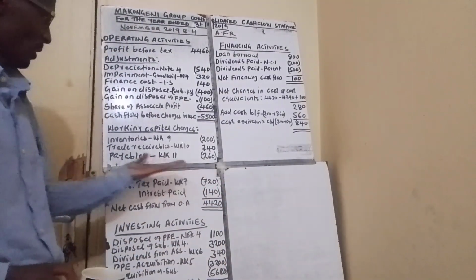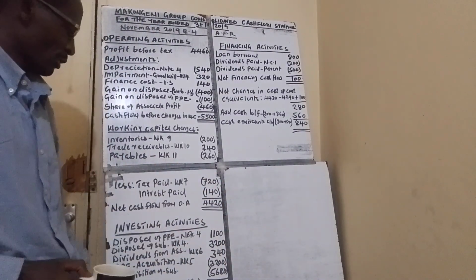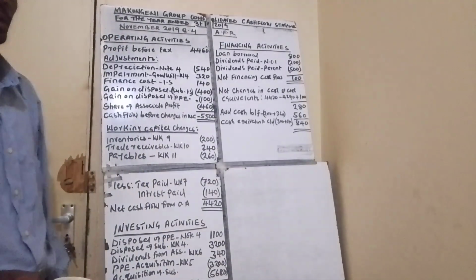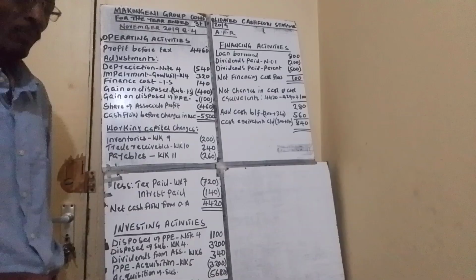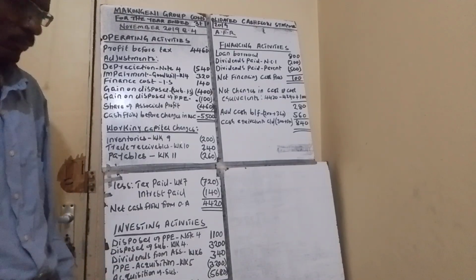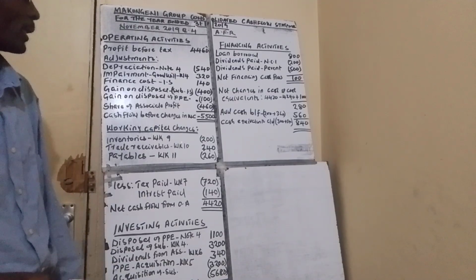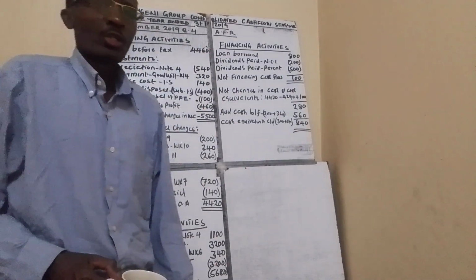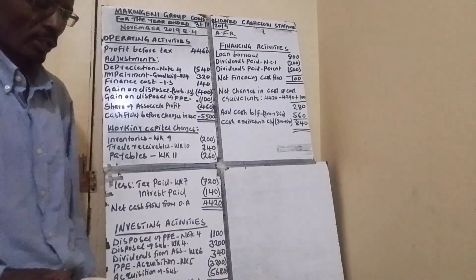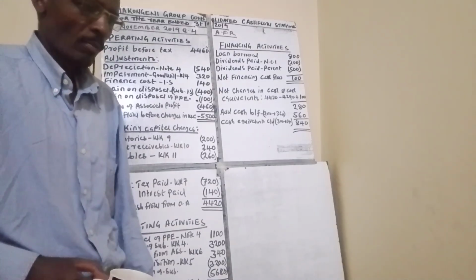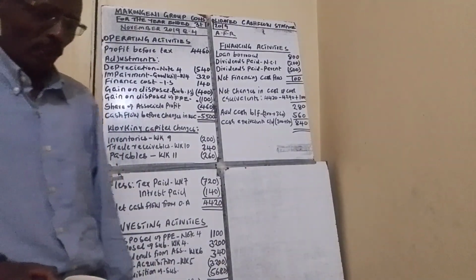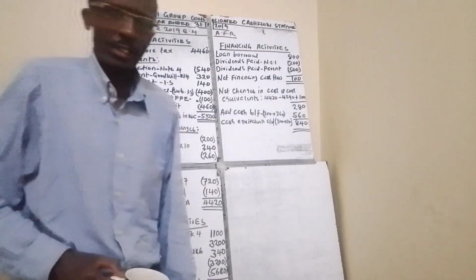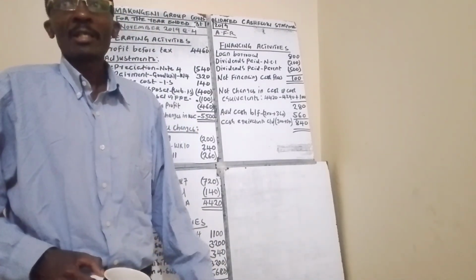After that, the other part will comprise investing activities, which involves the acquisition and disposal of non-current assets, and then the last part will be financing activities, which is to do with items like equity and long-term borrowings.